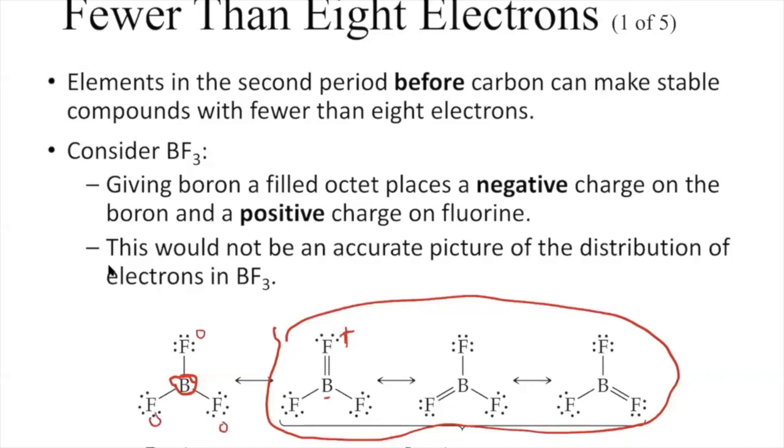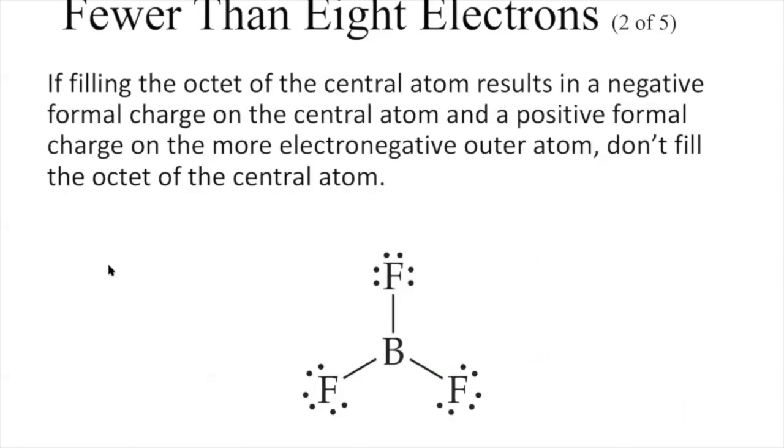So this is not going to be preferred. The dominant is going to be the first structure. So keep in mind that if you have to have a negative charge, you want to make sure that you put the negative charge on the most electronegative atom that you have.